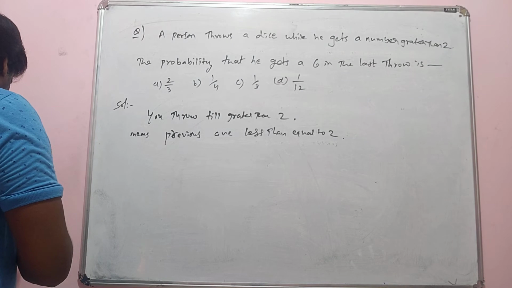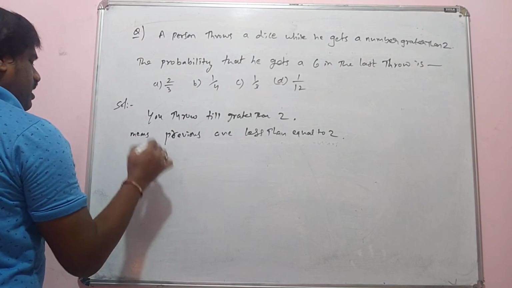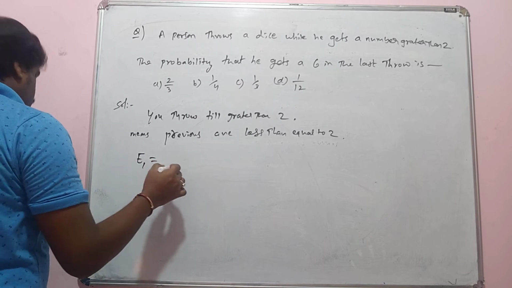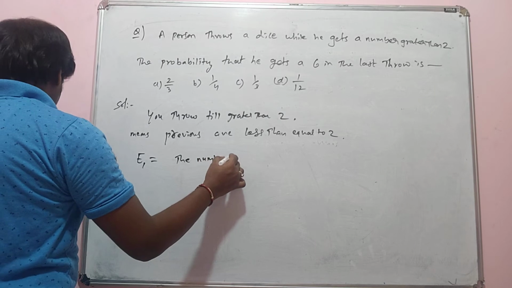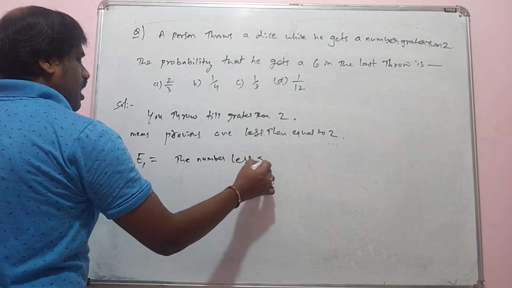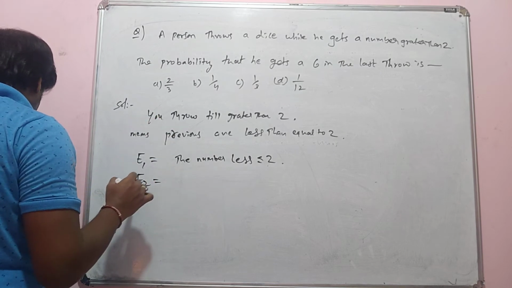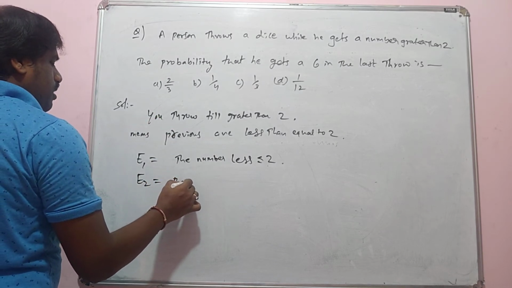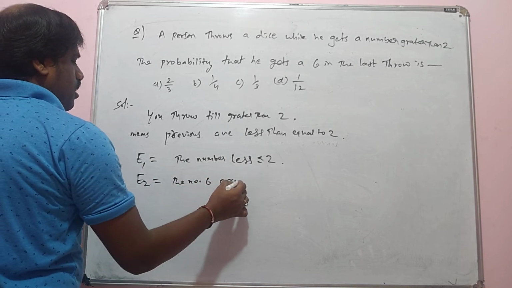It means that I can write this as probability of event E1, the number less than or equal to 2. And for event E2, I am writing that the number 6 occurs on the die.